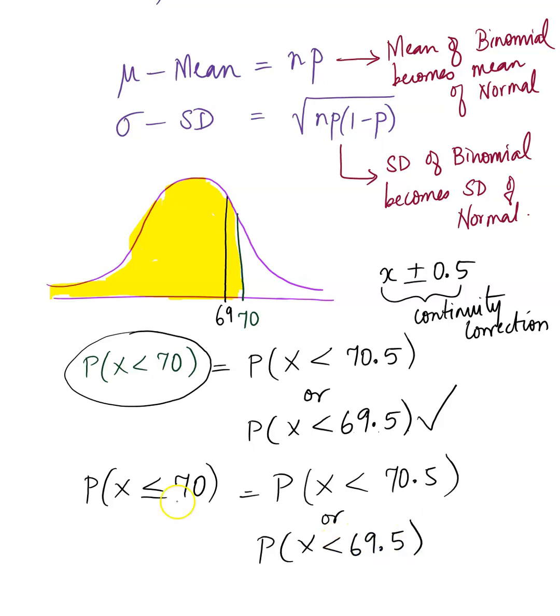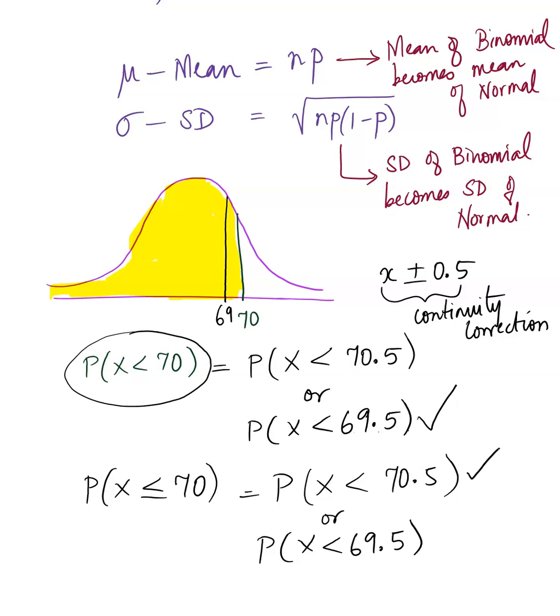I want to include 70, right? So I go a little above 70, because there's no 70.5 in a discrete situation, there is only a 70 and then a 71. So this 0.5 adjustment does not include any new values, but it helps you to include or exclude the border value. So here we have to use 70.5. So all values less than 70.5 would include 70 and all that's below 70. Okay, so that is how we use the continuity correction.